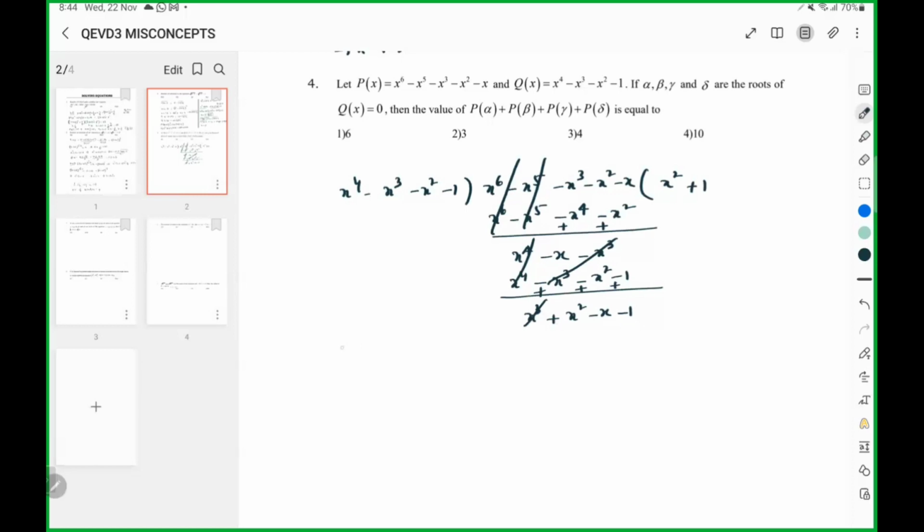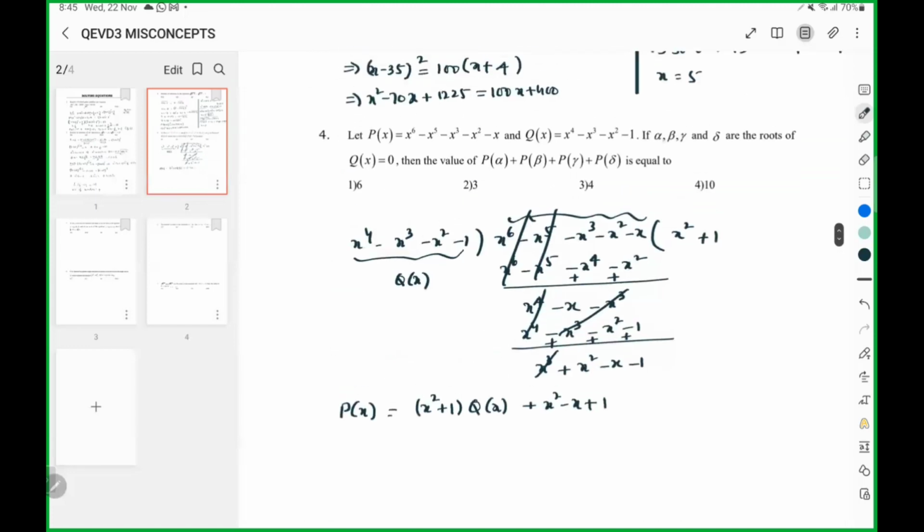So now x power 6, this whole thing is nothing but p of x, which can be written as this is q of x, by the remainder theorem: quotient into divisor plus remainder.